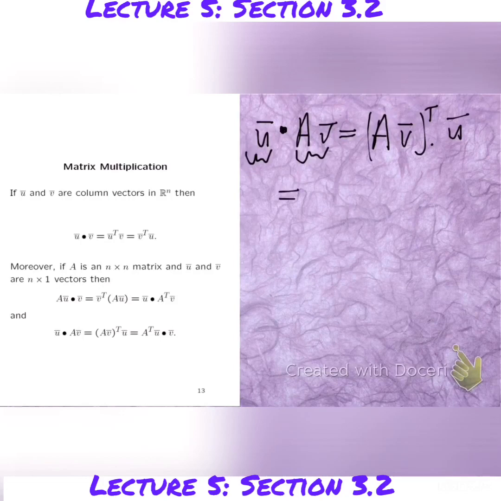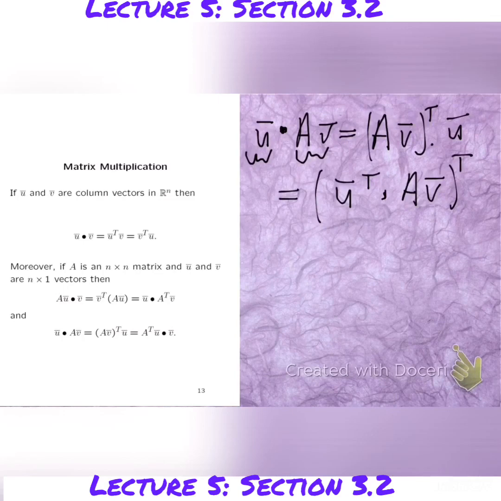So then again, applying the transpose law, that's going to be U's transpose multiplied by this matrix, and everything's transpose.